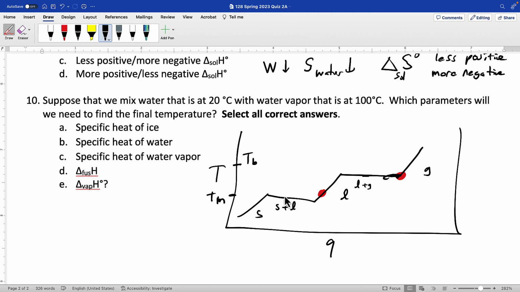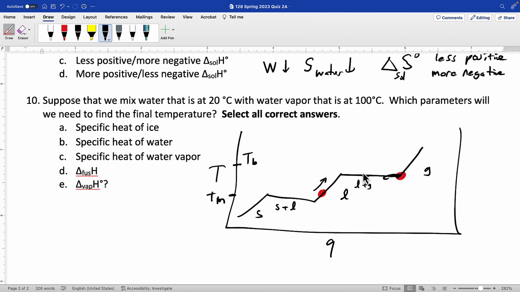Same thing down here. You can't budge from 0 degrees if we're talking about water, as long as you have any solid or any liquid. As soon as you get rid of the last bit of solid, then we can start heating up our liquid. These are two different temperatures. So we know that this is going to start heating up. And this is not going to cool down in terms of temperature change, but it's going to lose heat.